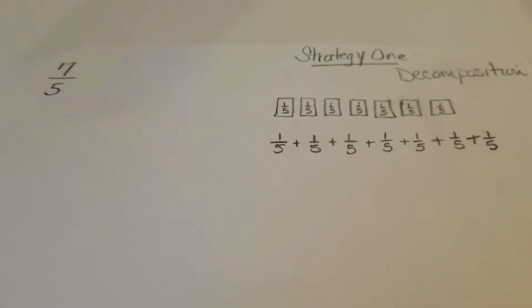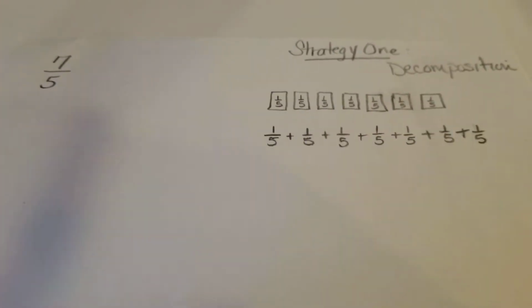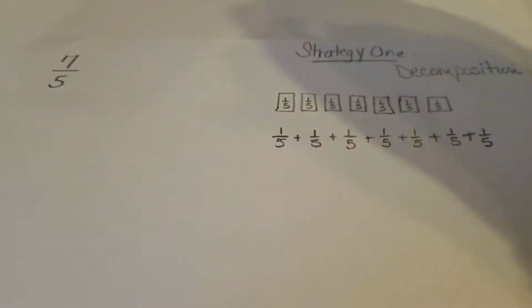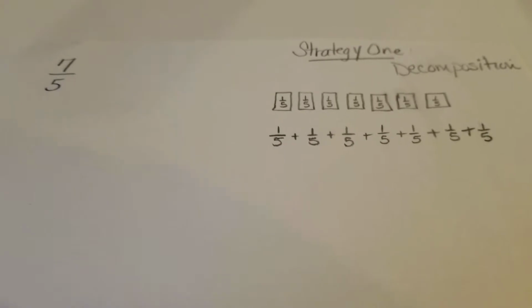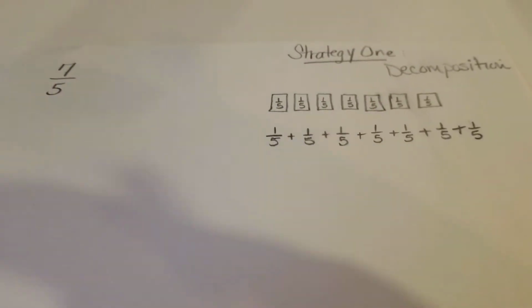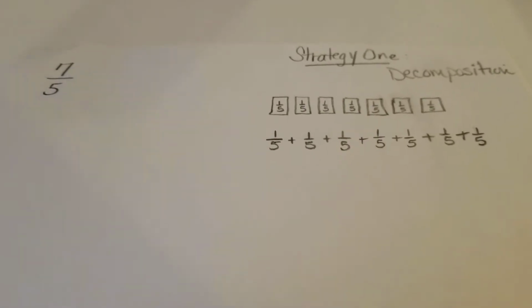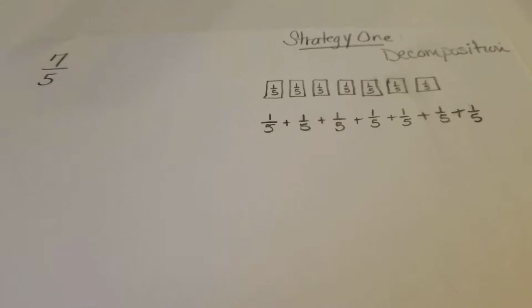I'm going to be showing you different strategies, but the first one that I want to start with is decomposition. Decomposition is simply breaking down a number, breaking down a fraction, decomposing it into smaller pieces. The opposite of composition. So if you think about what a fraction is composed of, it can help you with decomposition.